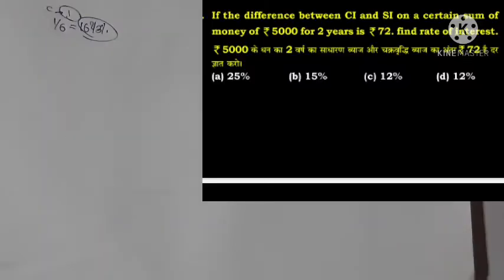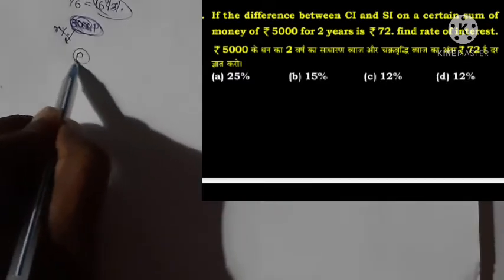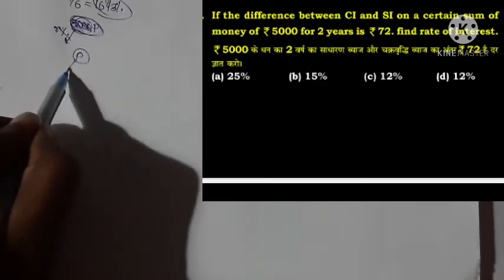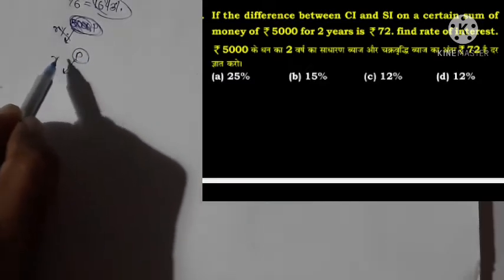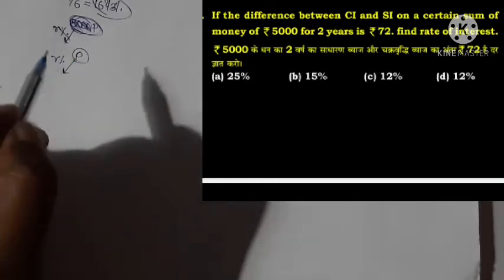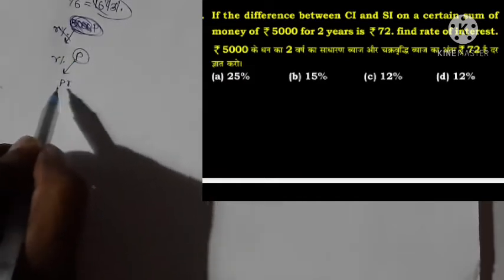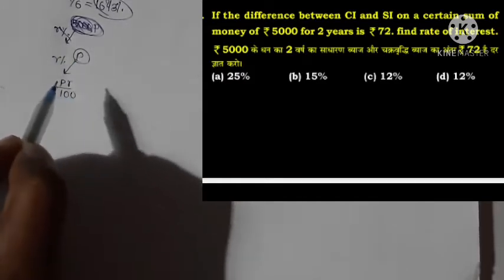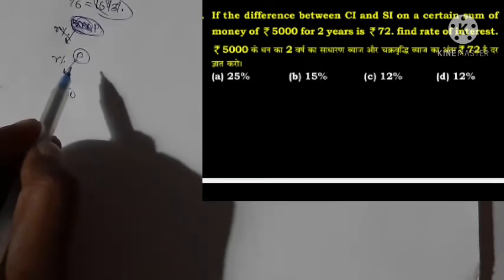If the difference between CI and SI on a certain sum of money of 5,000 for 2 years is 72 rupees, find the rate of interest. So I am taking principal as P. Rate of interest is R percentage. So this value is equal to PR by 100 for first year.